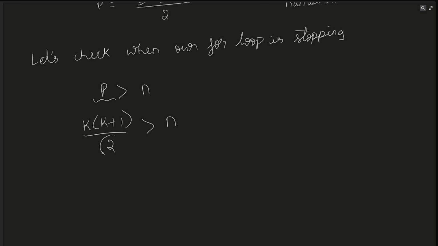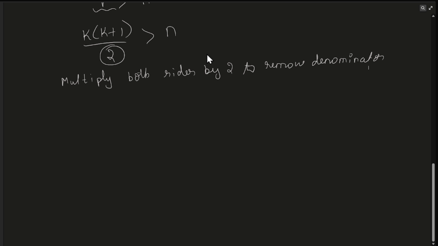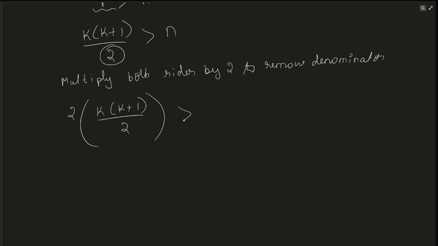To remove the denominator, we will multiply both sides by 2. 2 into k into k plus 1 by 2 is greater than 2 into n.